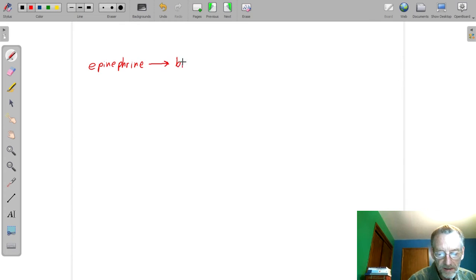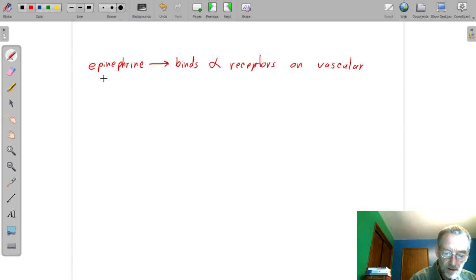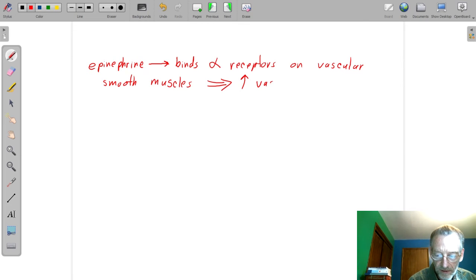Because it binds to the alpha receptors on the vascular smooth muscle in the area, the blood vessels, and causes vasoconstriction. So we have increased vasoconstriction, less blood, less bleeding.